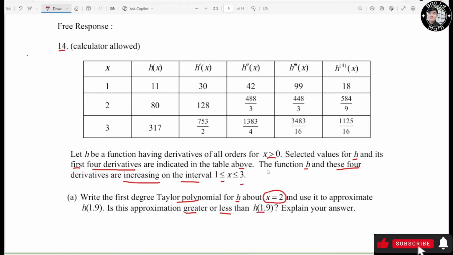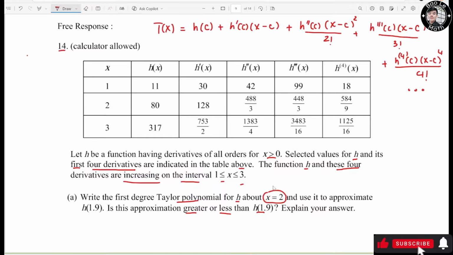Alright, first we have the Taylor polynomial expansion for the function h given by the formula where c is the center, so c equals 2 right here. Now we only need the first degree Taylor polynomial, right?